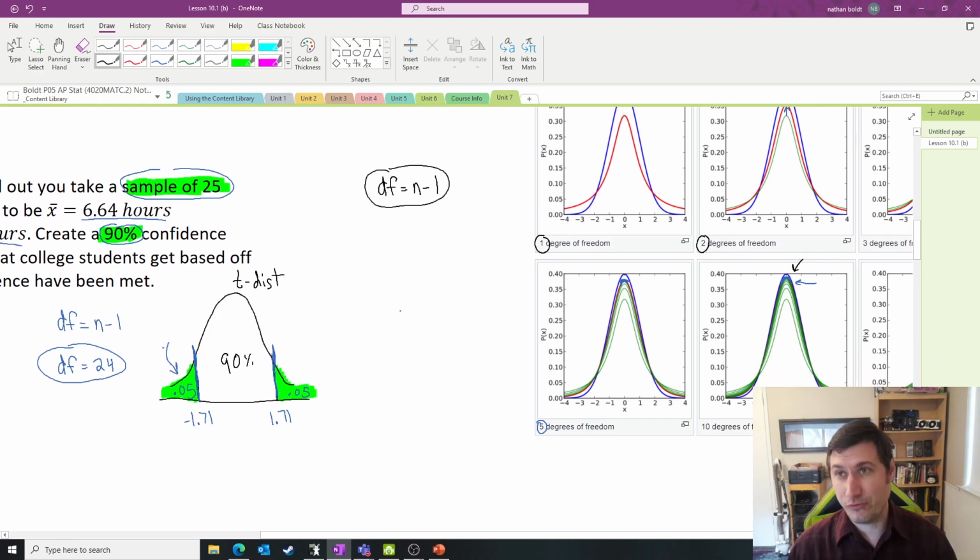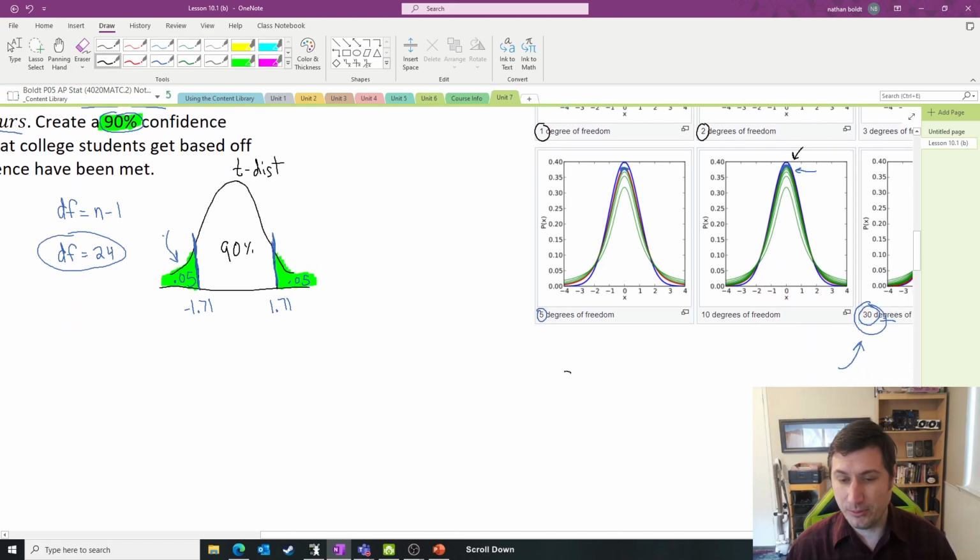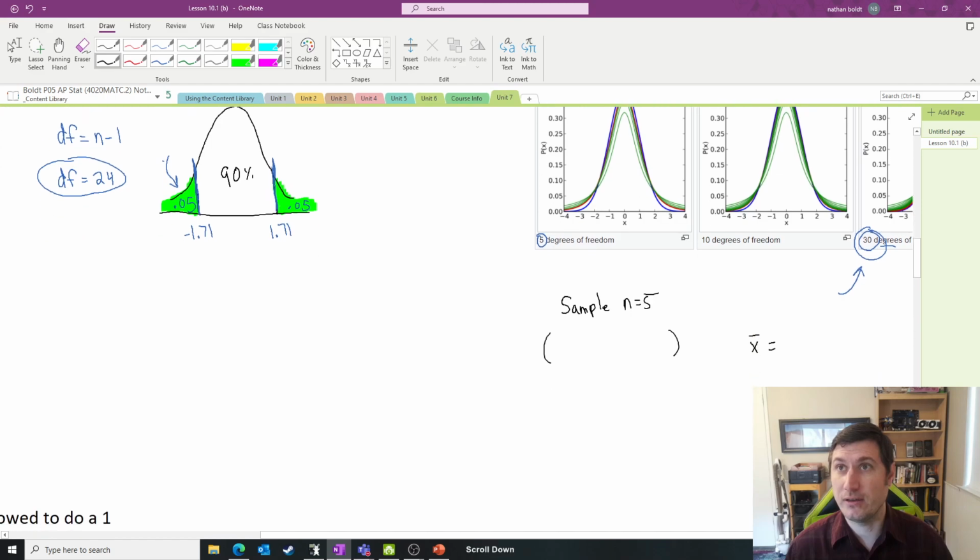Here's what a degree of freedom is. Say you have a sample of n equals 5, 5 numbers. And those 5 numbers have an average of, let's say, 20.